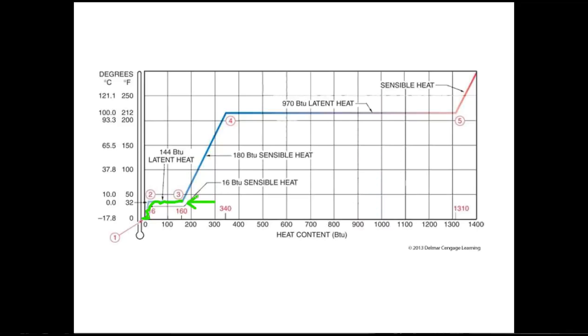We have that water on the stove like we talked about earlier, and as it is heated up on the stove, the temperature begins to rise. At this point, we're at 100 degrees over here. Now, as that heat that is being added raises the temperature, that is the sensible heat. Remember, sensible heat is heat that can be measured with a thermometer.